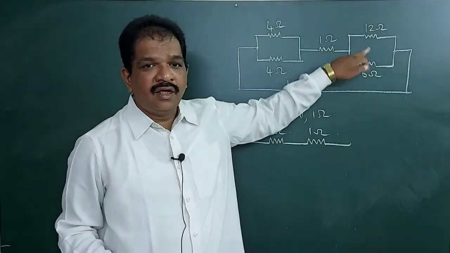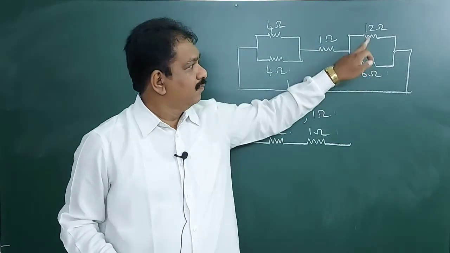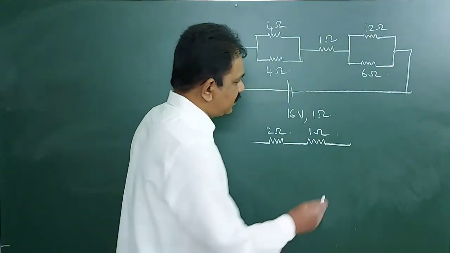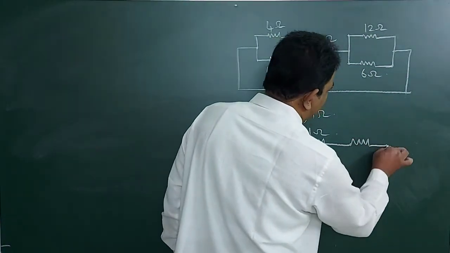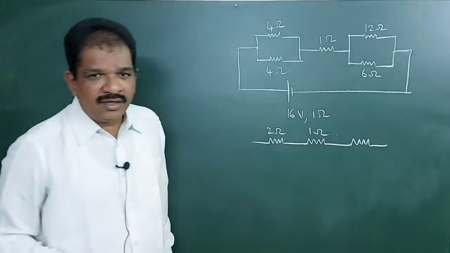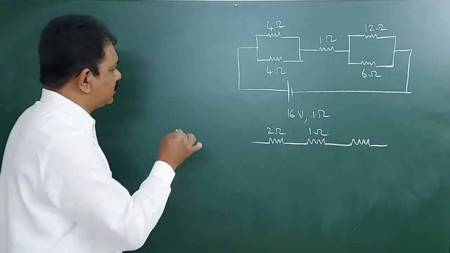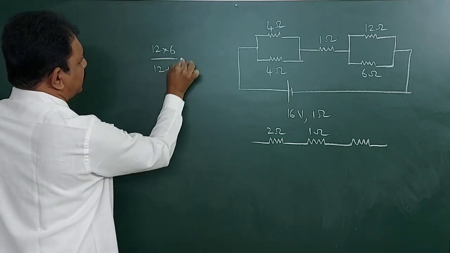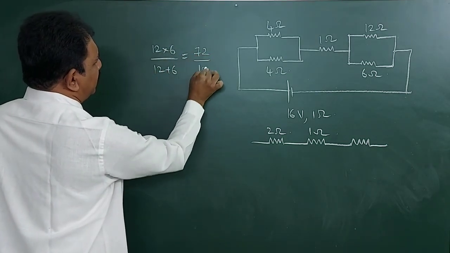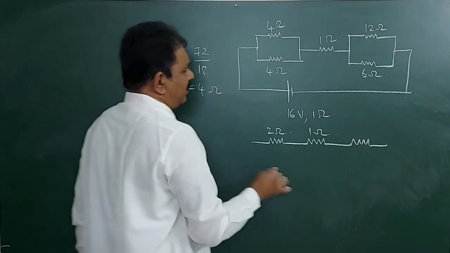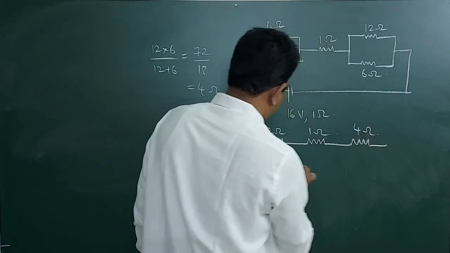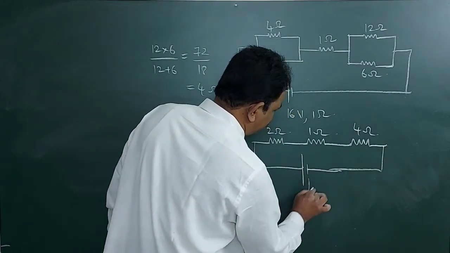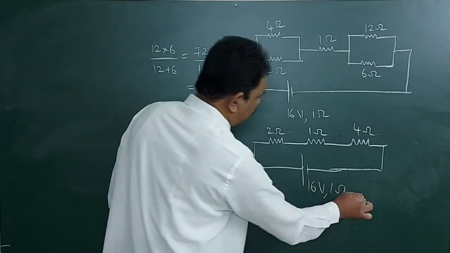12 and 6 are also in parallel. 12 into 6 by 12 plus 6. That is 72 by 18, which will be 4 ohms. Okay, this is 16 volt, 1 ohm.